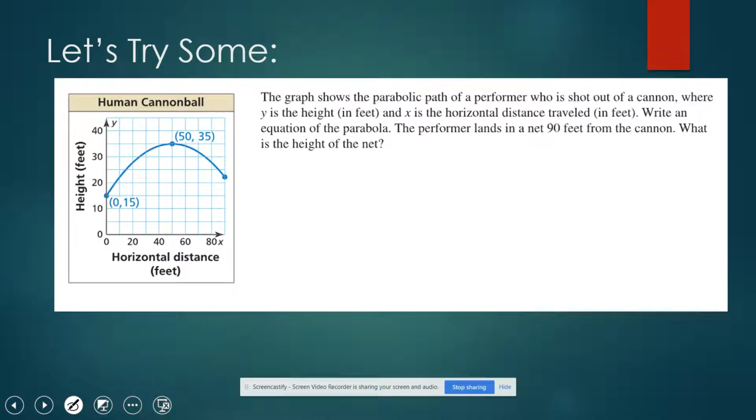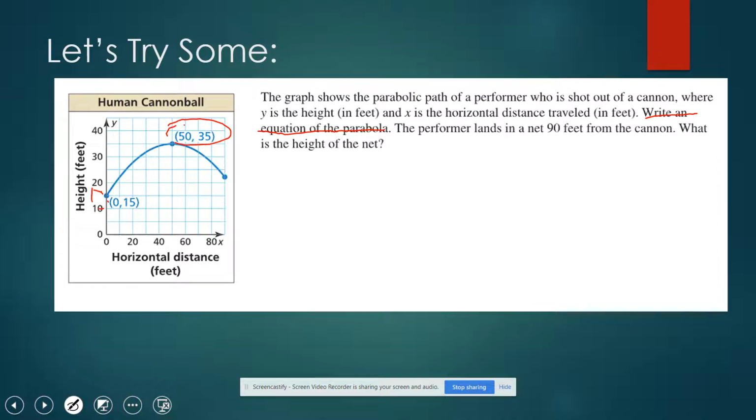So here we have a parabola for a human cannonball. The human cannonball was launched over here at a height of 15 feet, got to a maximum height of 35 feet, 50 feet away from the cannon, and then we don't see the ending over there. So it's asking us to write the equation right here.